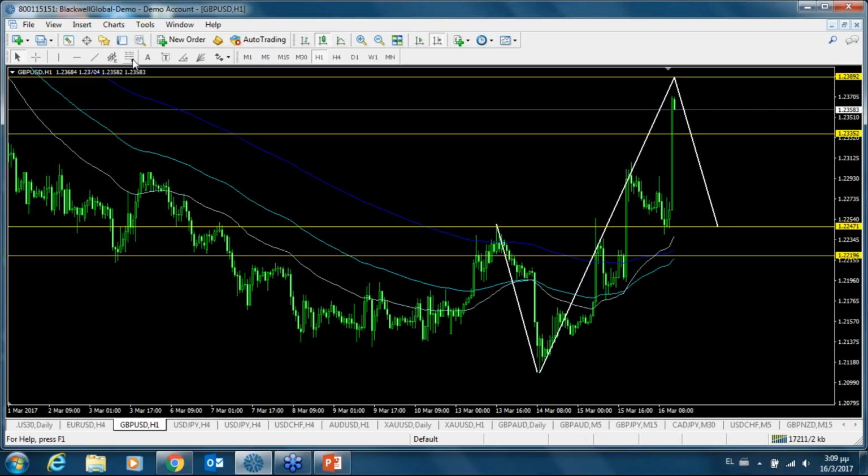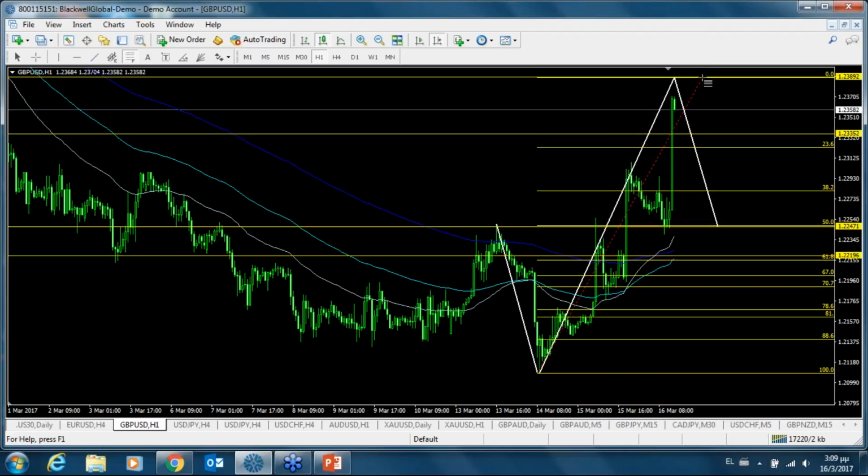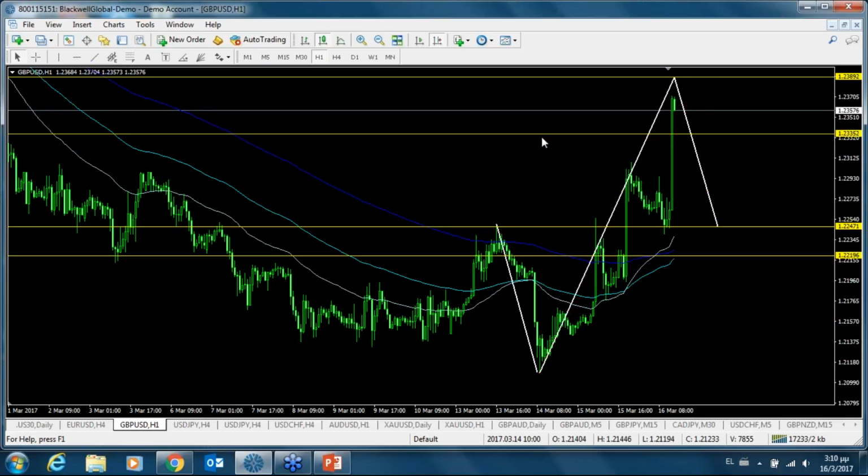If I pull my Fibonacci now from B up to C, you can see that the first line I've drawn, AB equals CD, matches up exactly on the dot of the 50% as well. So this is a very good criterion to know that it's probably best to find this level, or very close to the 2380s area, for the reversal to happen.